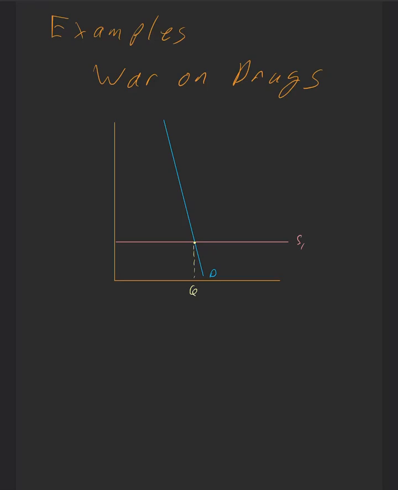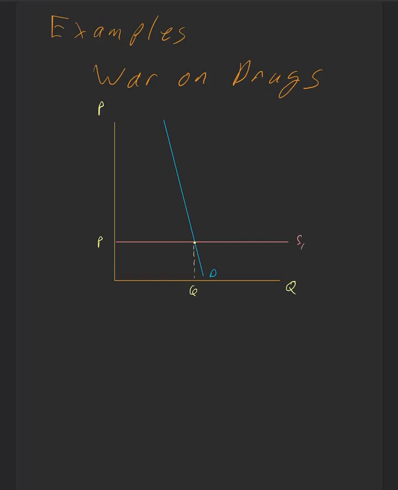I want to show that in this case I'm saying supply is very elastic, very sensitive to price. I think that's a good assumption, right? Because, we'll talk about the determinants of elasticity of supply here in a minute, but there aren't a lot of good reasons to think that the suppliers of drugs have much in mind other than the price, right?